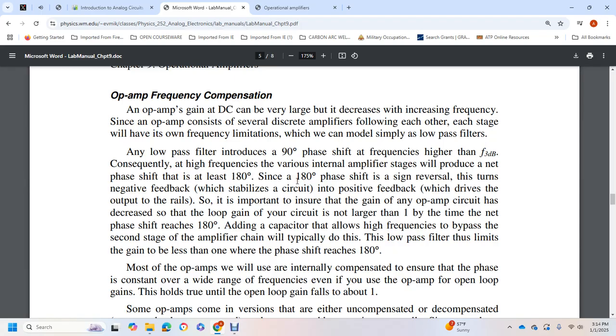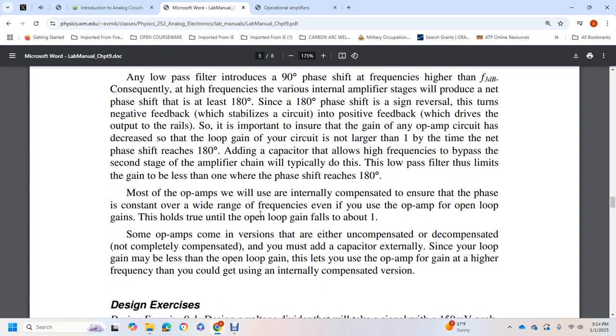Adding circuits allows a high frequency path around the second stage of the amplifier chain, typically due to the low-pass filter, which limits the gain to be less than one before the phase shift reaches 180 degrees. Most op amps will either internally compensate so the phase is distributed, keeping the response constant over a wide range of frequency, even if the op amp open loop gain holds true only until the open loop gain falls to about 1. Some op amps come in versions either uncompensated or decompensated, but not completely compensated.